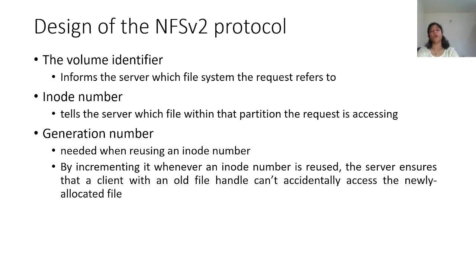The volume identifier will inform the server which file system the request is provided for. The inode number will inform the server which file within that partition the request is accessing.